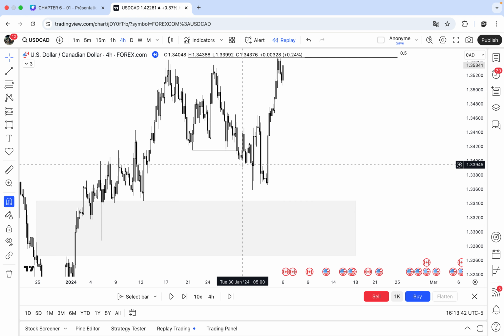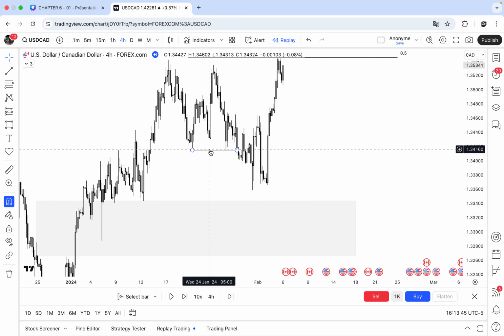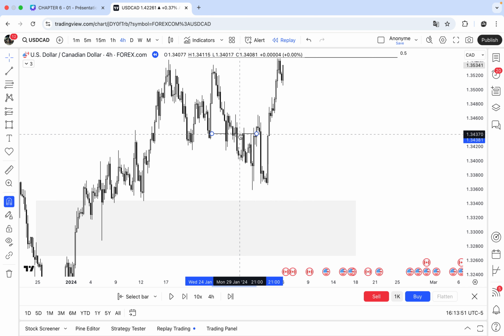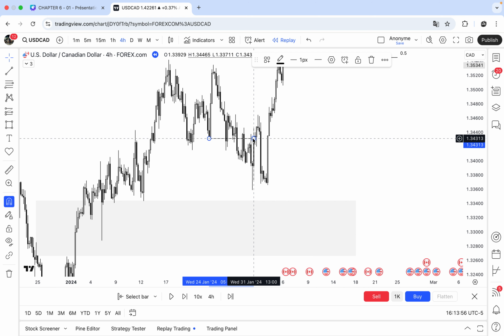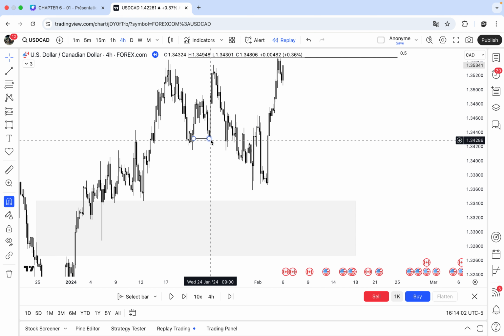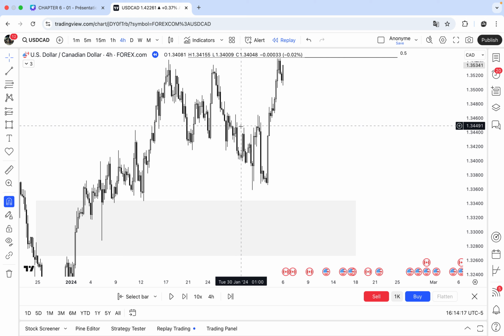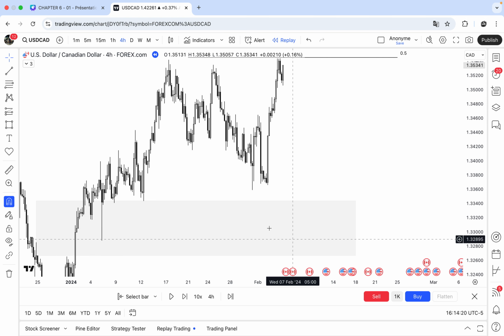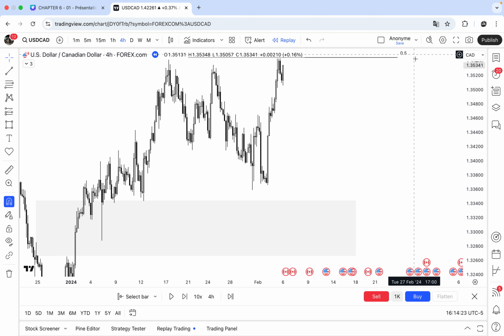So this is a market structure shift right there. All right. So at this point you can focus on sells. This is your short-term drawn liquidity and this is your long-term drawn liquidity.